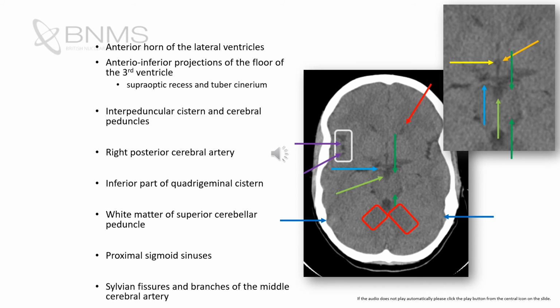The light green arrow on both images indicates the interpeduncular basal cistern, and the two darker green arrows indicate the position of the left cerebral peduncle.